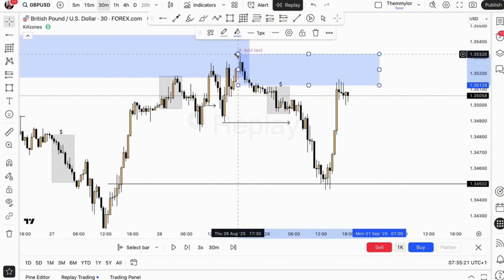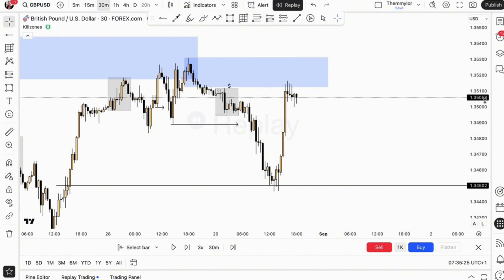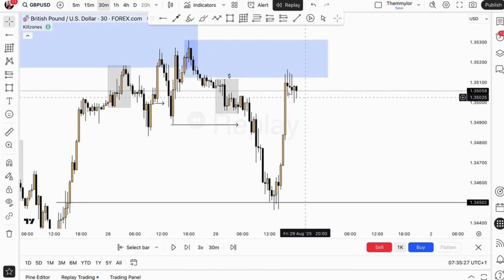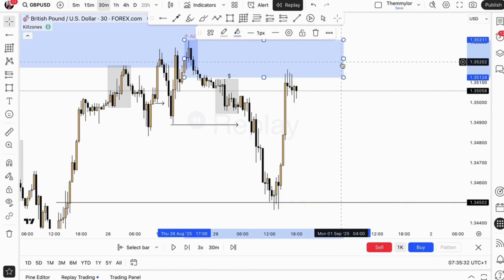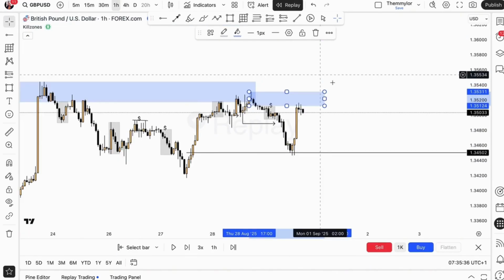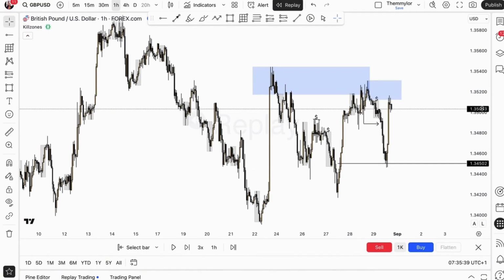So for next week on Monday, my bias is still for sell, but we can never tell, as the market can choose to do whatever it wants to do. But if you look closely at the 1 hour time frame, we can see that market has been giving us a sell.